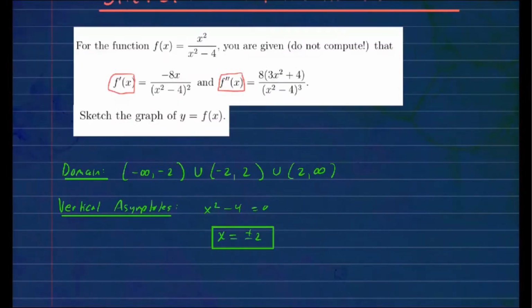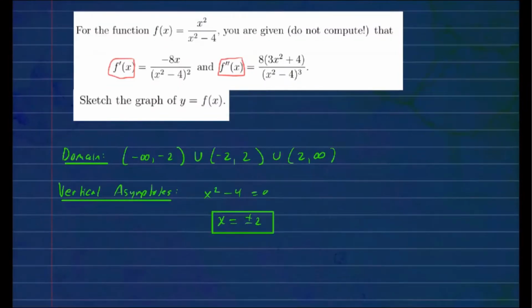Now we're going to look for its horizontal asymptote. For horizontal asymptotes, we're going to take the limits. Once you take the limit as x approaches plus and minus infinity of this function, x squared over x squared minus 4, you compare the degrees of this function. So the degree on top is 2.